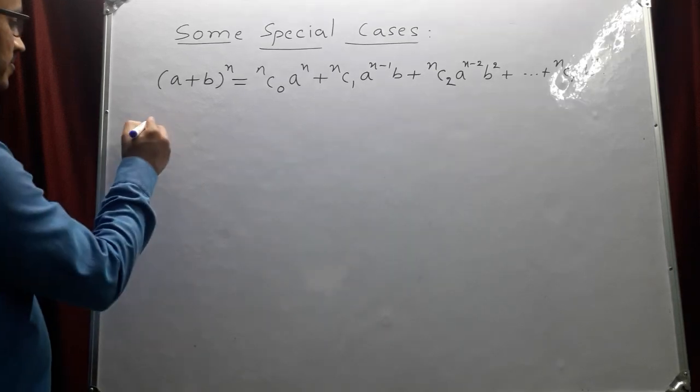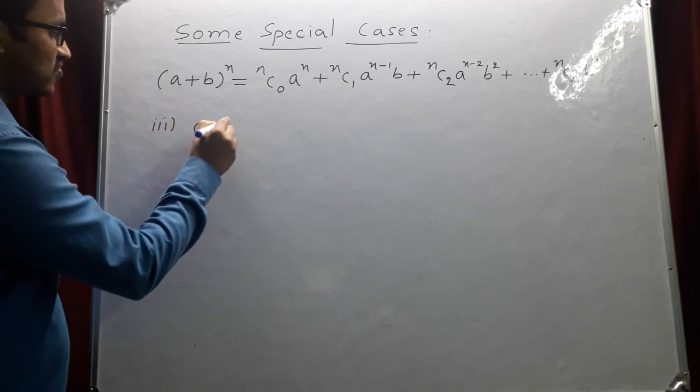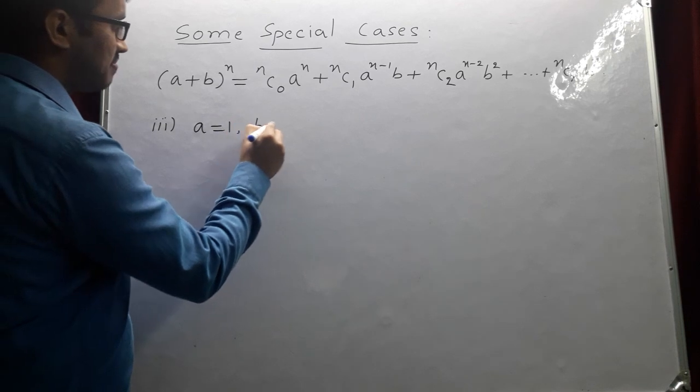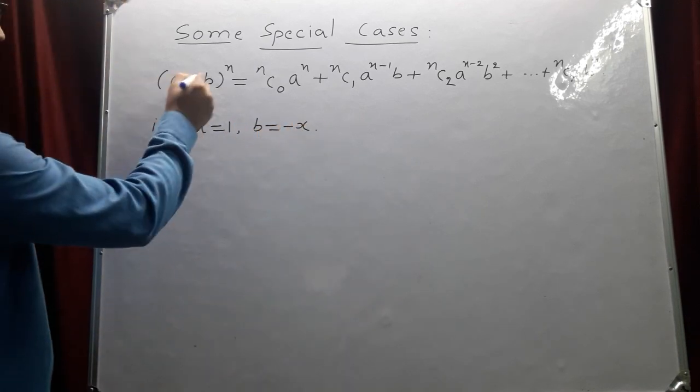Third one. Suppose we take a is equal to 1 and b is equal to minus x. So what will we get here?